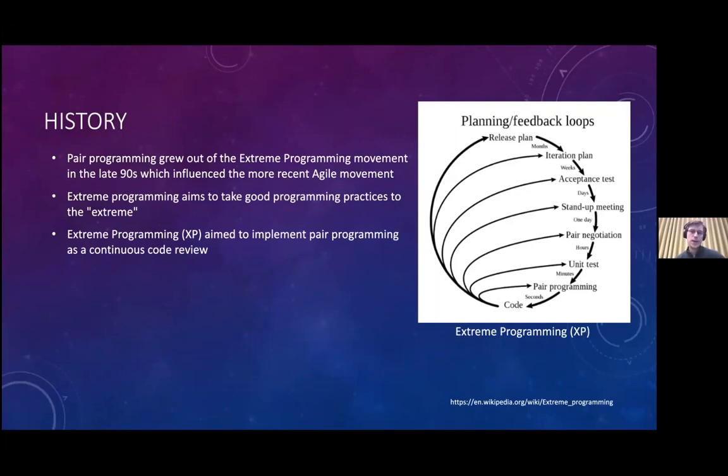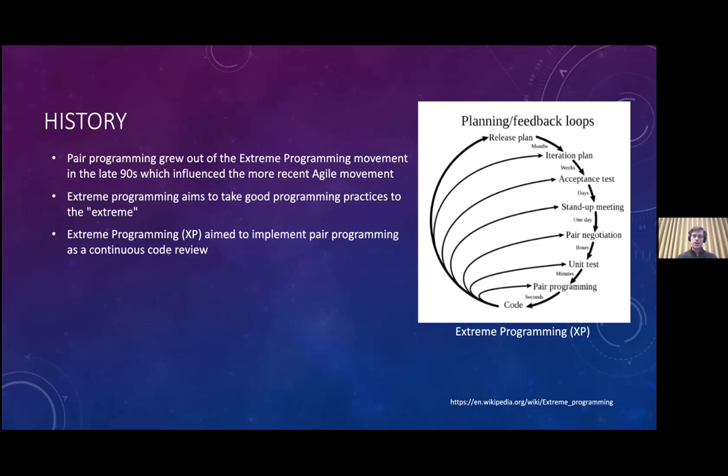Just a bit of history on pair programming. My understanding is that it comes out of extreme programming, which sort of was invented in the 90s. The idea behind extreme programming is that you take good programming practices and try to do them as extremely as possible. And pair programming is sort of the most extreme version of code review, basically.